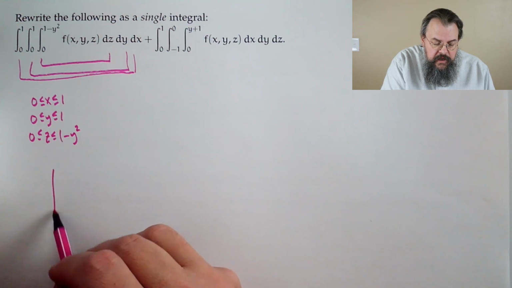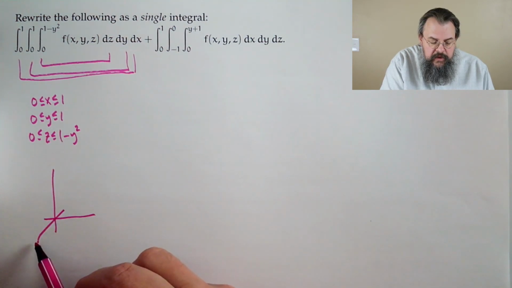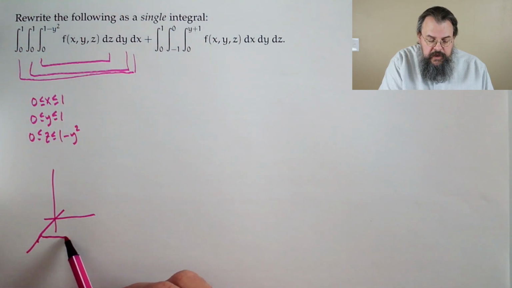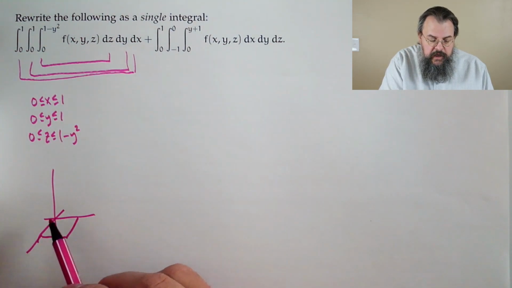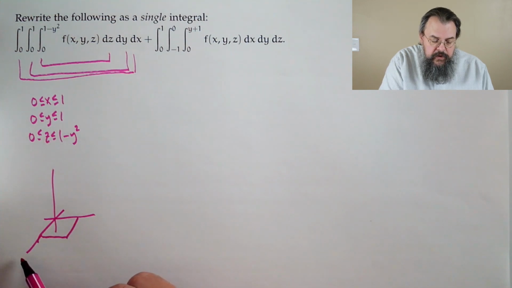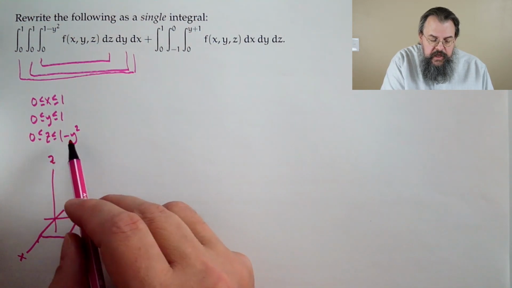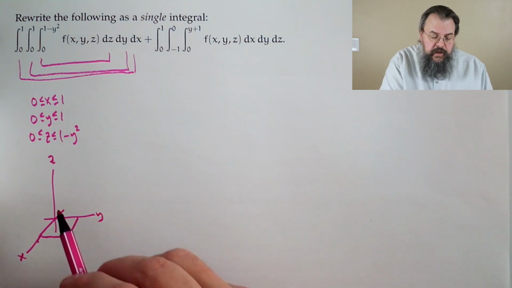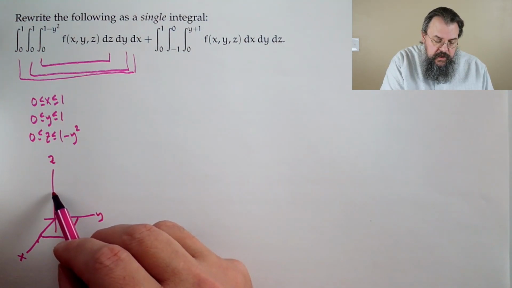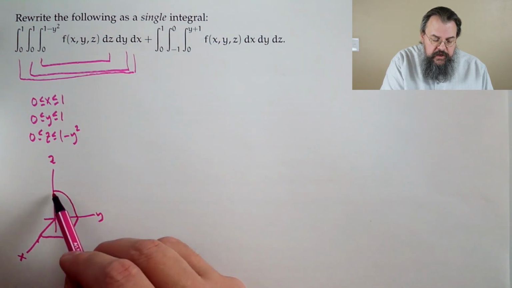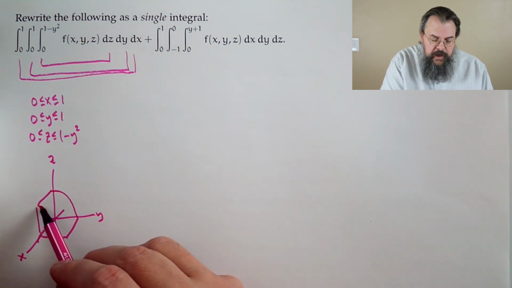Because what is this saying? Well, it says, look, in terms of the xy, we're going over a nice little rectangle, and we're going to go up to this curve, which is z equals 1 minus y squared. So if you think about that, it's an upside down parabola, but then you just translate it around.